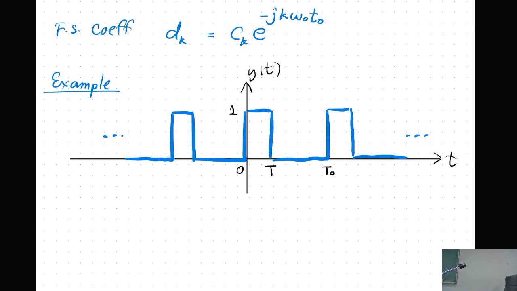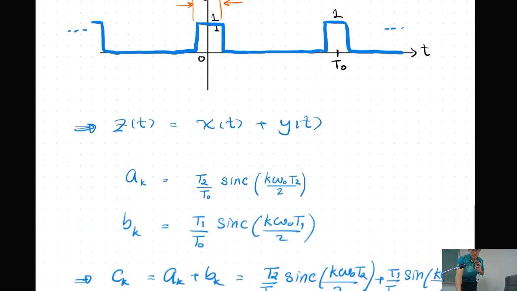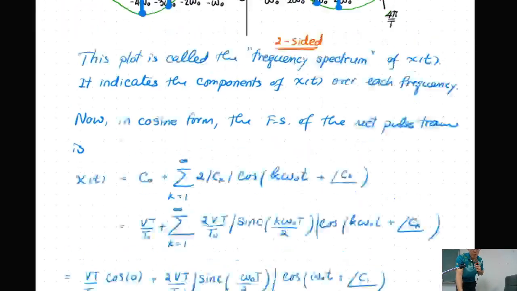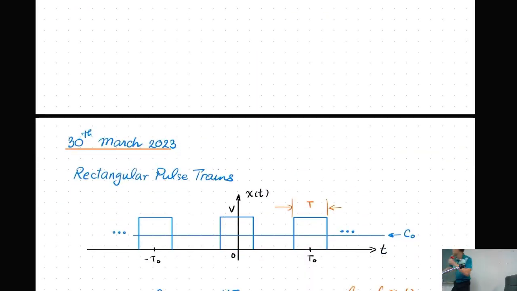This looks very similar to a rectangular pulse, except that the original rectangular pulse that we used to find the Fourier series coefficient is symmetric about the y-axis. But the signal y in this example is not exactly this guy. It is this guy shifted to the right.